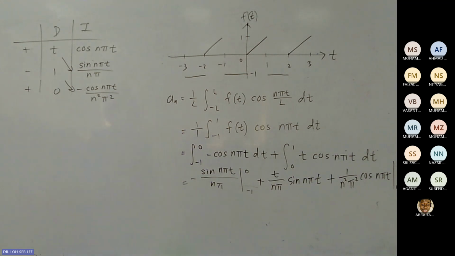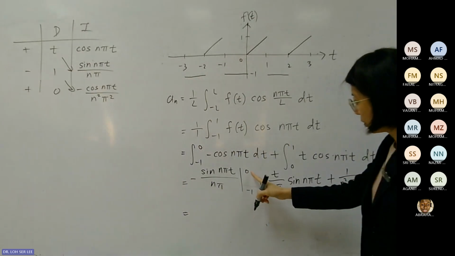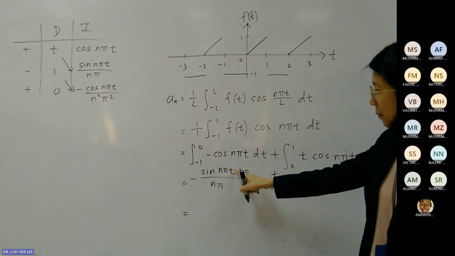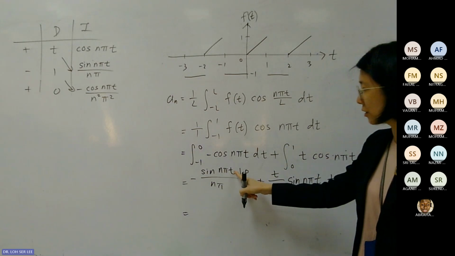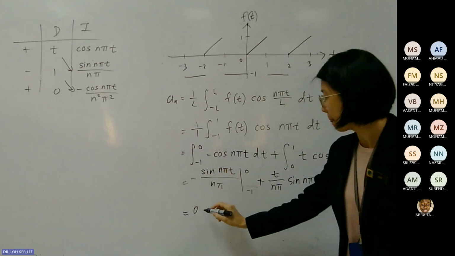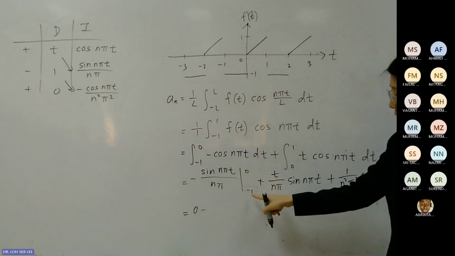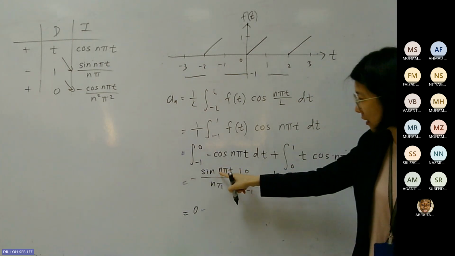Now we look at the substitution of t values. 0 into t, sine 0 is 0. Minus negative 1 into this t, that means negative n pi.